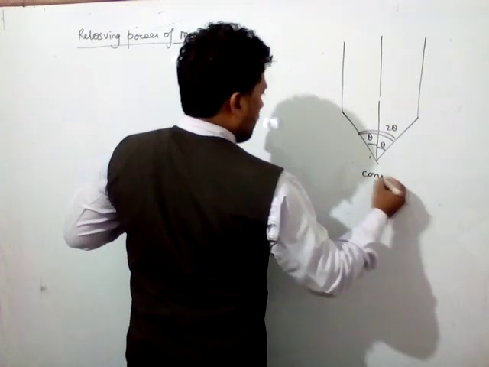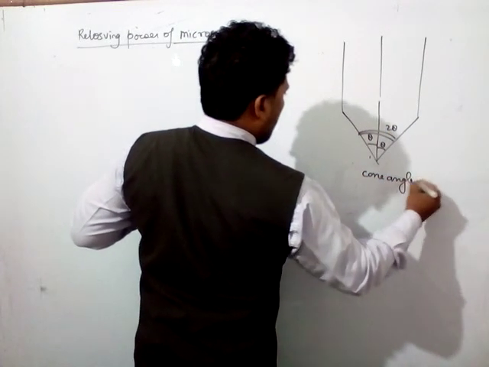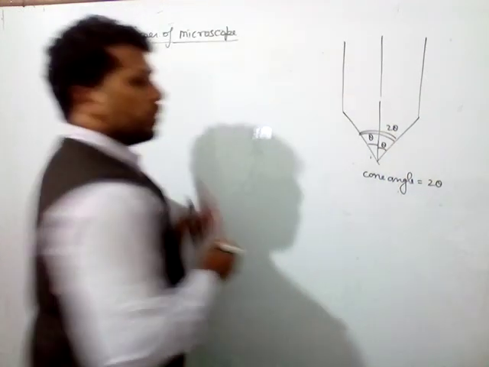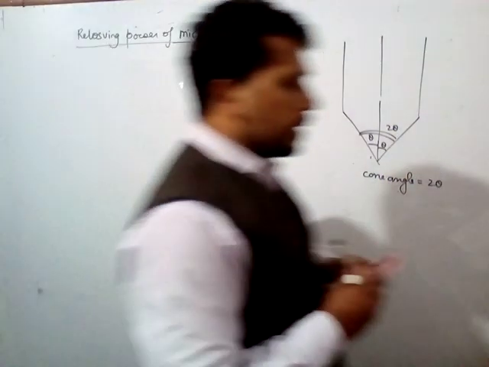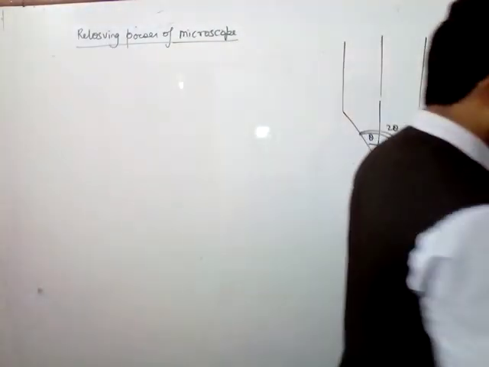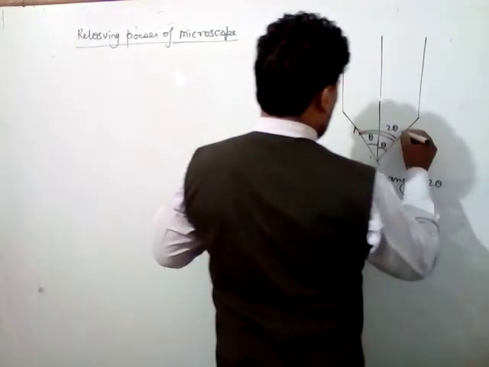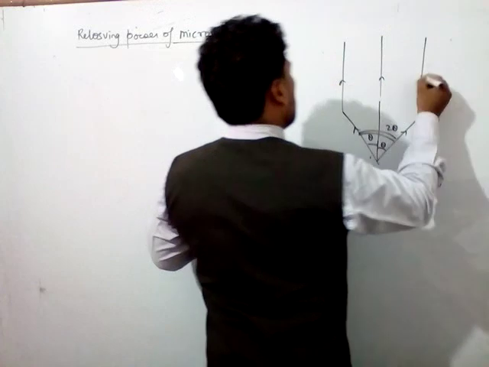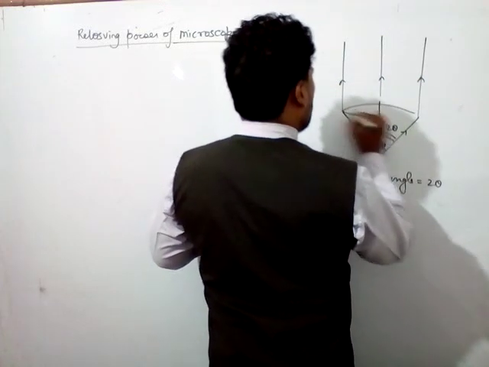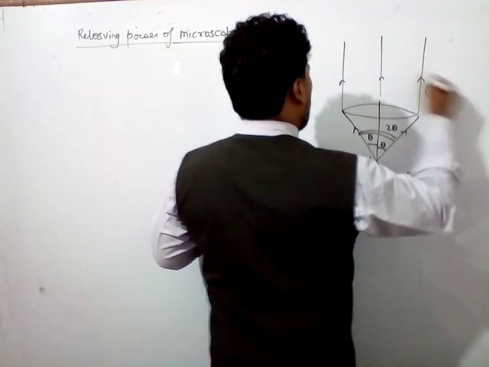This is the convex lens of the objective, and the wavelength is lambda.